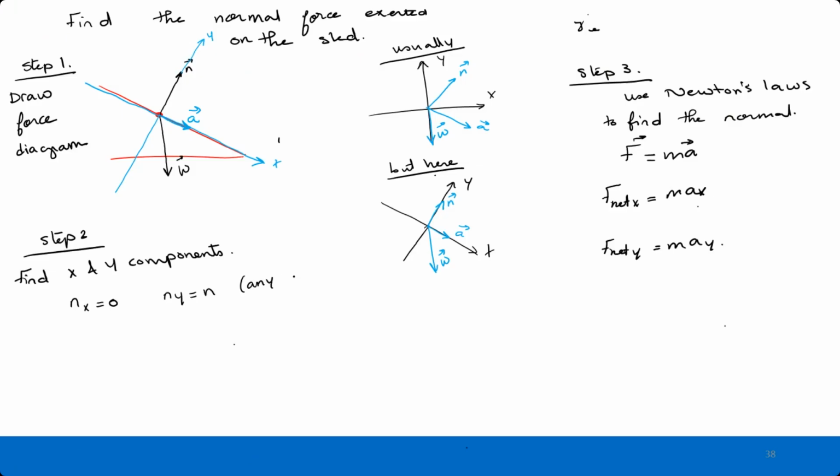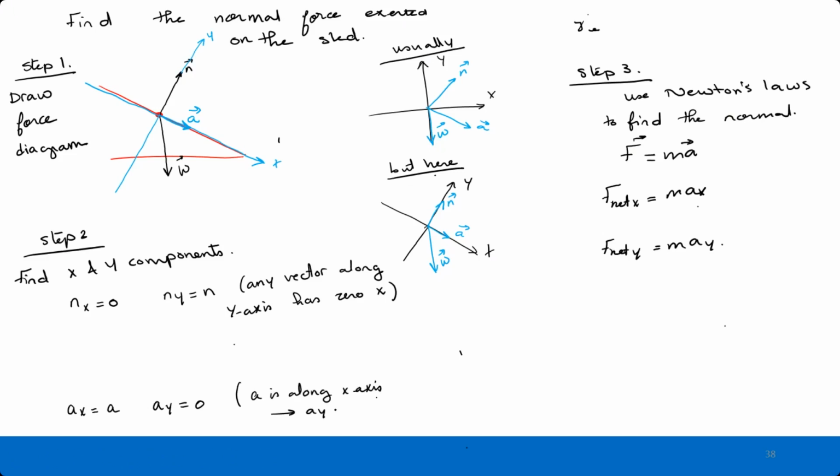Any vector along the y-axis has 0 x component. If we look at the acceleration, it is along the x-axis. So I'll actually expect ax to be a itself and ay to be 0 because a is along the x-axis, so ay is 0.